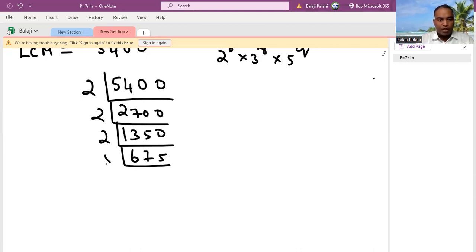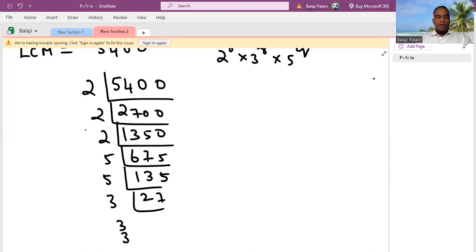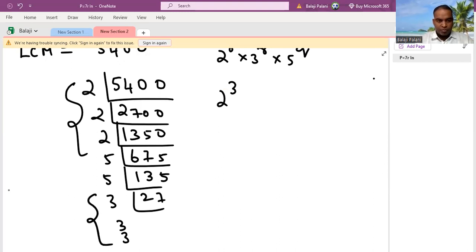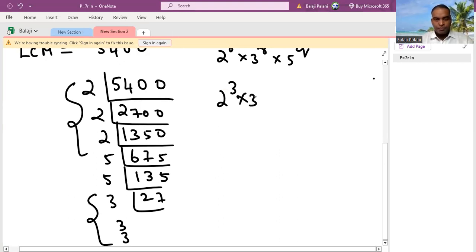Now divide by 5, we get 135, and again by 5 we get 27, which is 3 cubed. So we have 2 cubed, 3 cubed, and 5 squared.